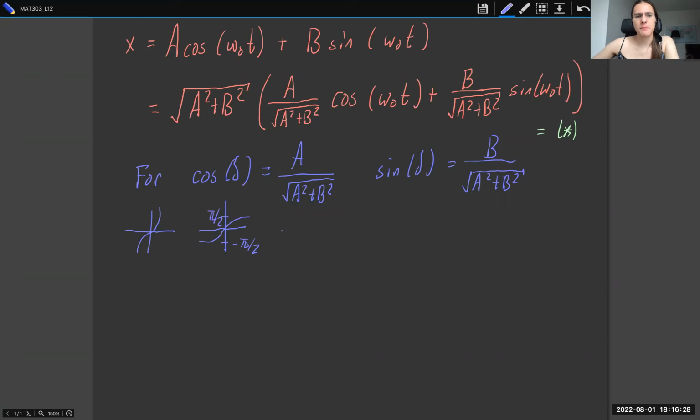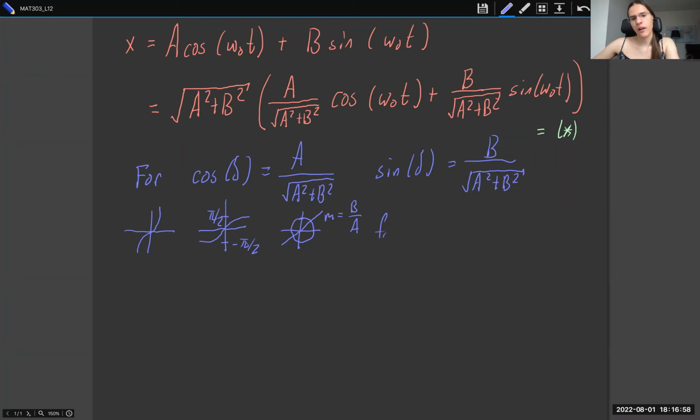So what happens basically is if you have the unit circle and a specific ratio, let's say M is equal to B divided by A, then arctan of B over A is going to give you an angle between pi over 2 and negative pi over 2. And that corresponds to the case when A is strictly greater than 0, right?